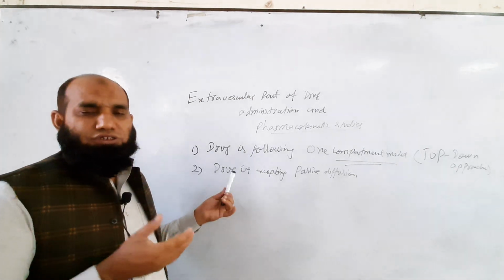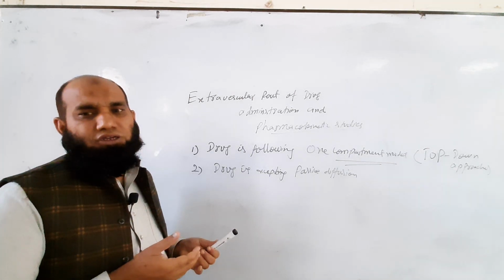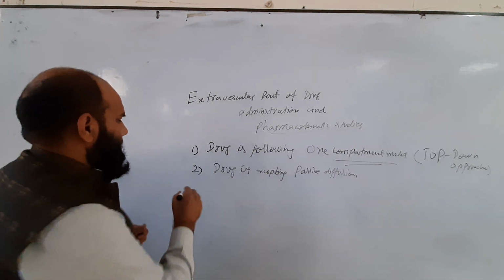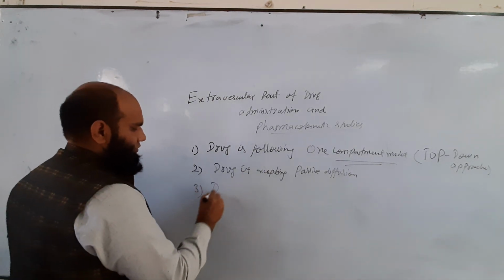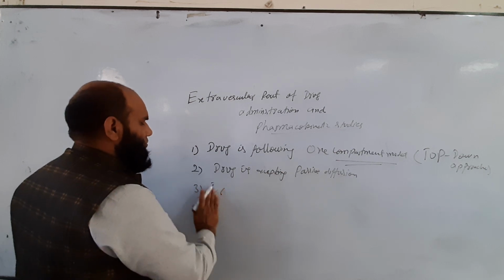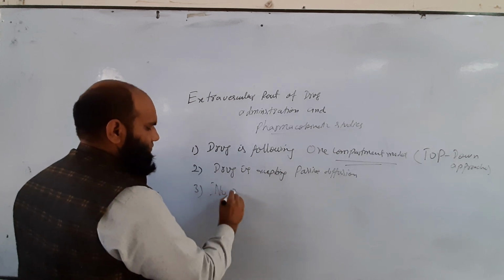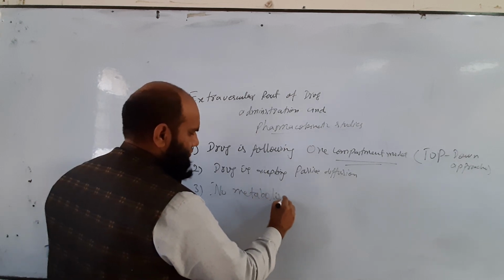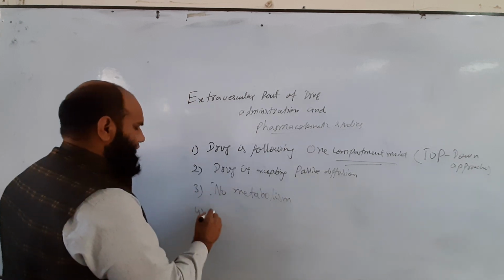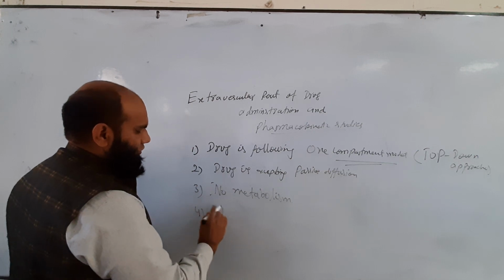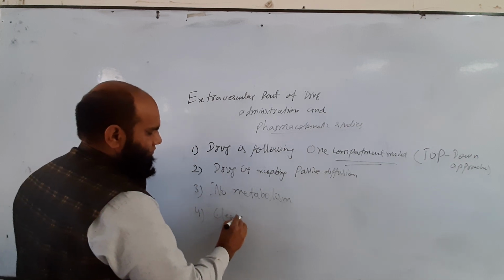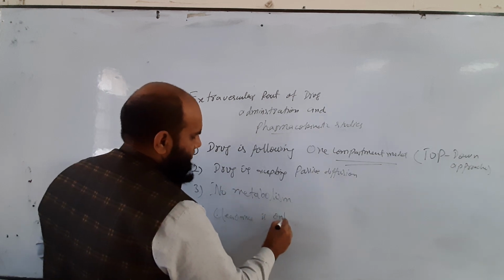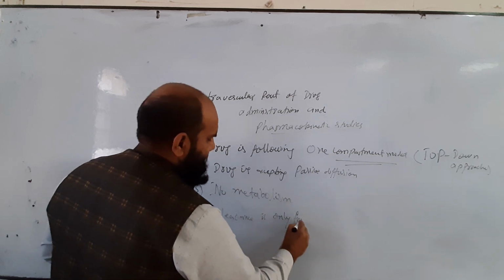If the concentration is higher in one area, then the movement of the drug is possible into the other area. Third is no metabolism. Fourth is clearance is only from urine.